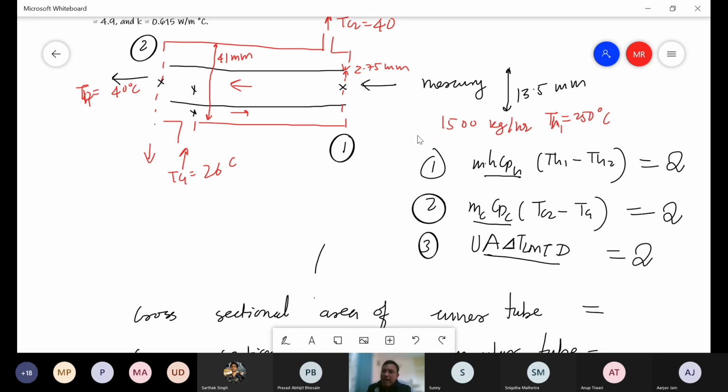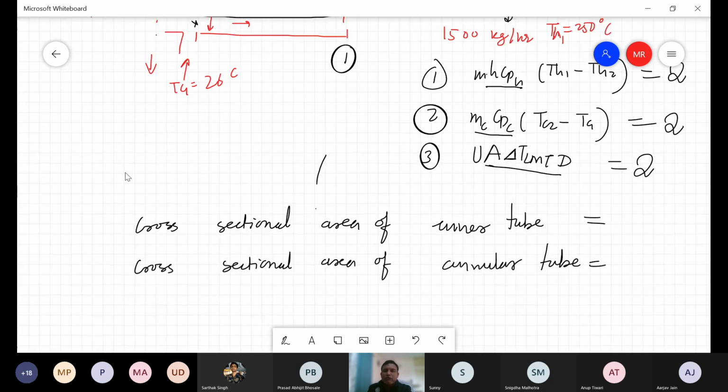Correct. So we will start with this. For the cold fluid, only the inlet temperature and the outlet temperature are given. But what is the mass flow rate? That has not been given. How much is the flow rate of the water flowing through this annular region? That has not been given. Yes or no?